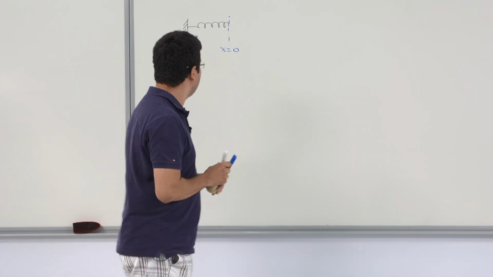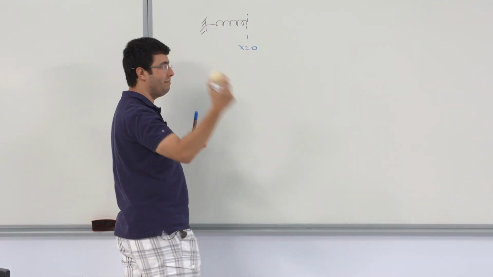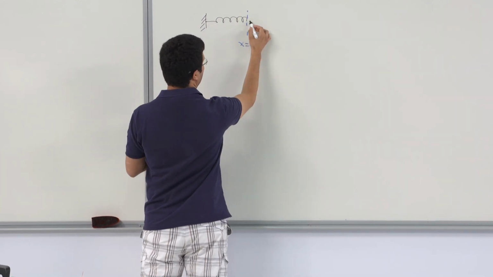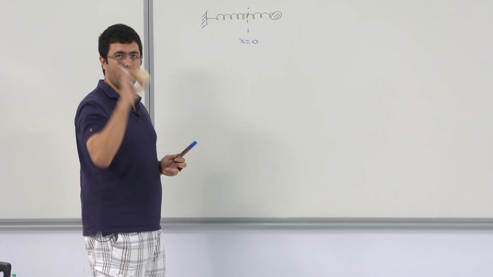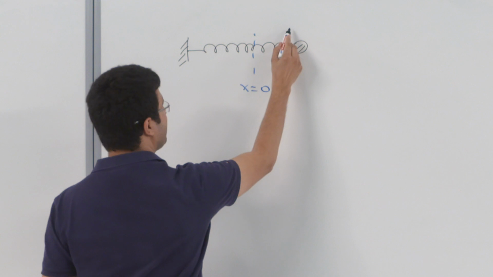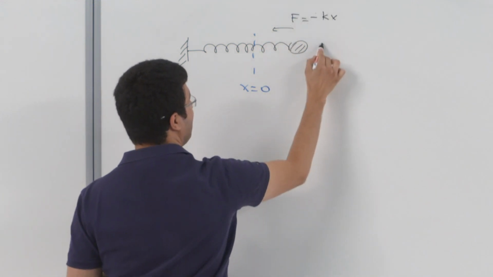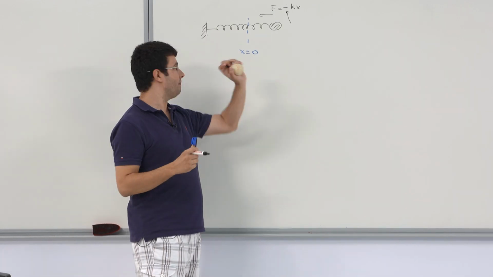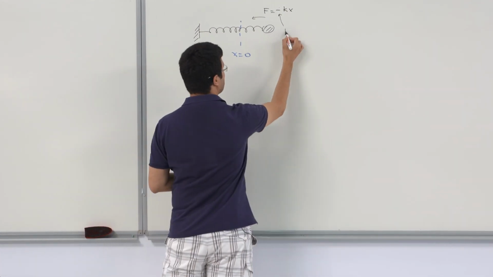And this force is in the direction such that it just calls the mass back to the equilibrium. So if I just take it and stretch it in this direction, let's say I stretch it to here, then the spring applies a force on the mass, and the force that it applies is given by simply minus kx, where minus comes from the fact that the spring calls the mass back to the equilibrium position. And this is what we call Hooke's law.